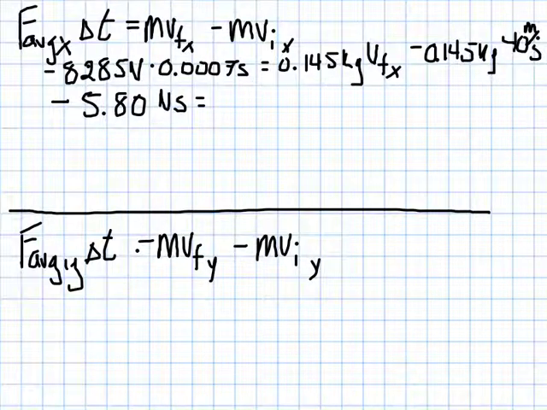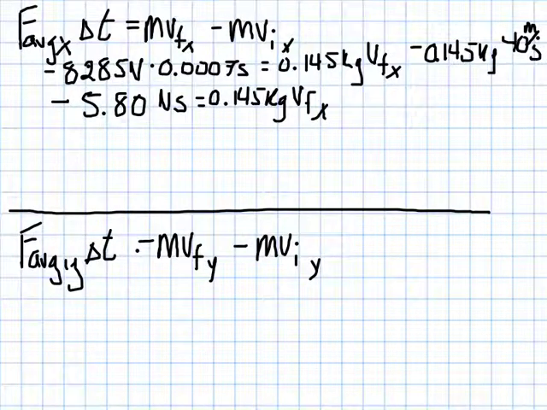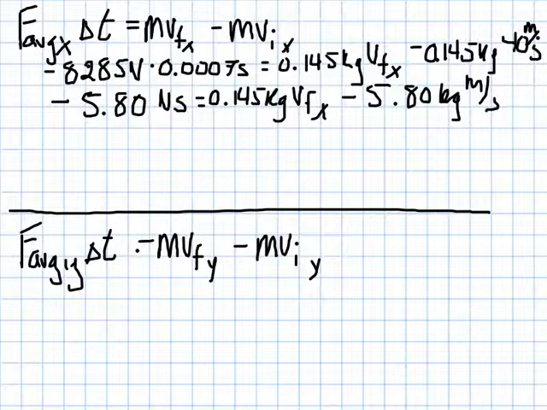And then over here on the momentum side, I still have my 0.145 kilograms times that final x component of velocity, and subtract off this component here, which is really my initial momentum, the x component. Well, that turns out to be 5.80 kilograms meters per second.